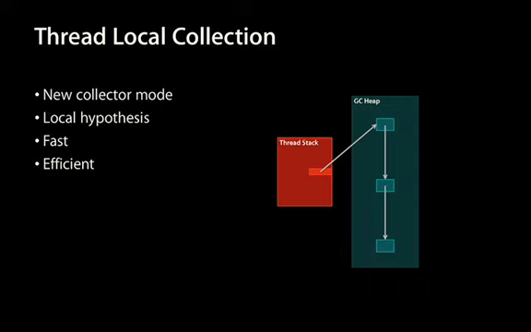It also is able to return that memory that it collects directly back to its allocation cache, which is a huge efficiency win. And it's more scalable. As I said, the amount of memory it has to look at is proportional to the single thread. So each thread local collector only has to worry about one thread.